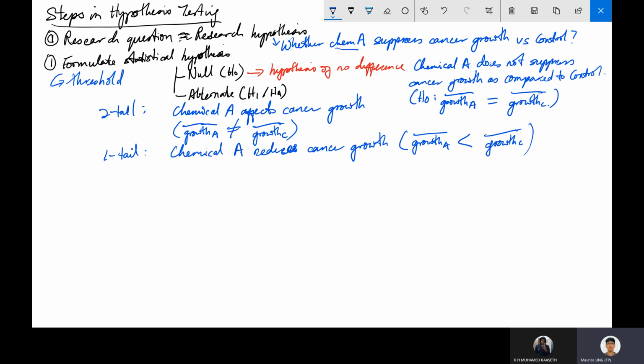Good. But what is your threshold in your head? You say it's good because you assume that the passing mark is 50, right? What happens if the passing mark is 70? You still pass. What happens if the passing mark is 80? Then it's bad, right? You fail. So the threshold is important.